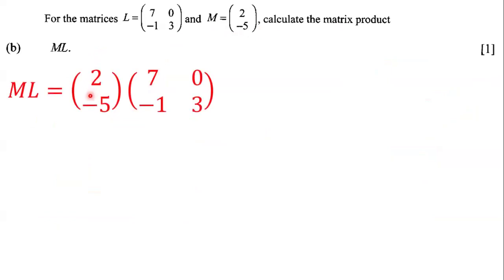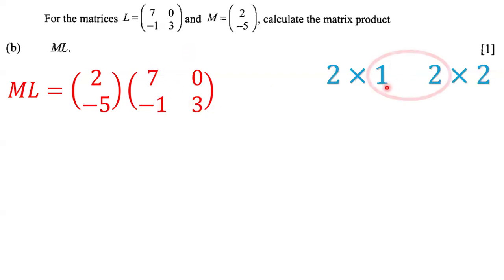Now notice that this is M and this is L. The order of matrix M is 2 by 1, and the order of matrix L is 2 by 2, because this one is a square matrix, 2 by 2, but this one is a matrix that is 2 by 1. So that's 2 rows, 1 column. This one has 2 rows and 2 columns.